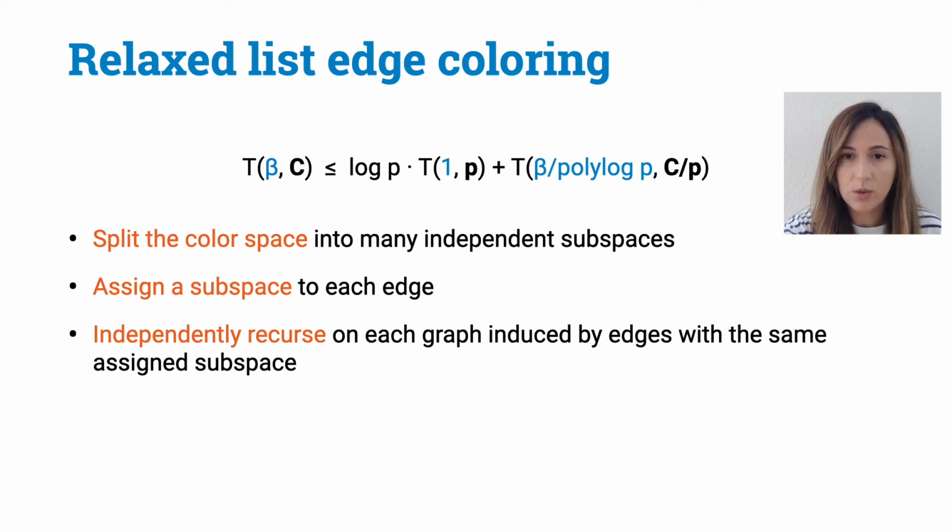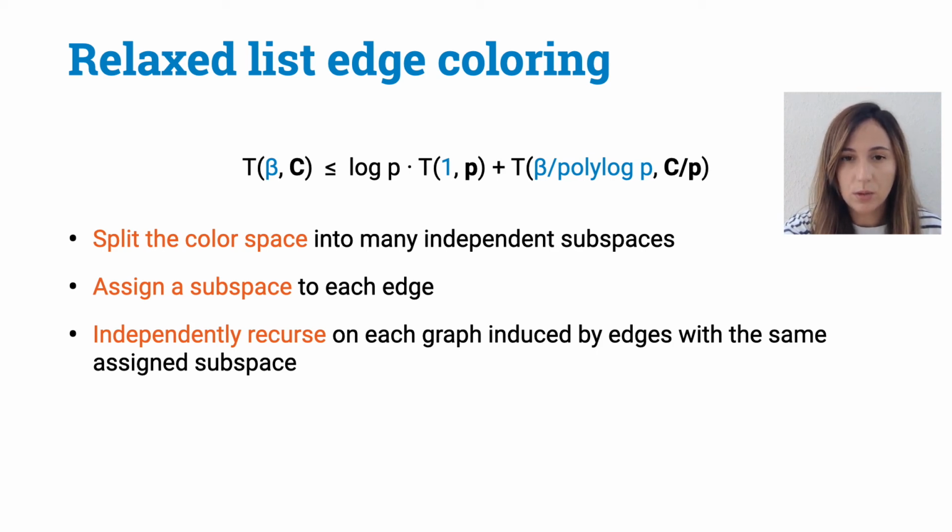Then, each edge reduces its list of colors by taking the intersection of the list with the colors in the assigned color subspace. In this way, we divide our problem into many independent subproblems, as we can recurse on each graph induced by edges with the same assigned subspace independently.